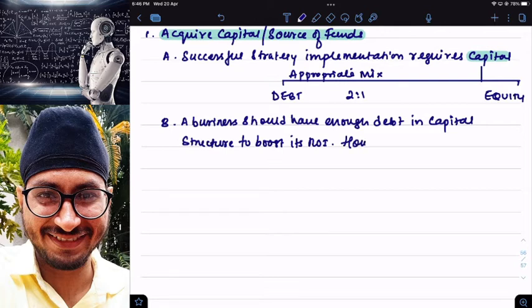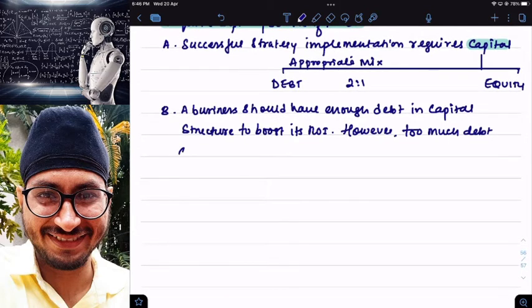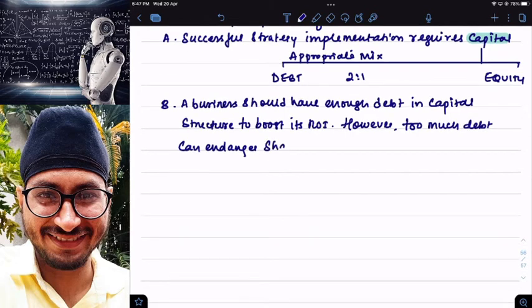However, there is one problem. Too much debt, meaning more than 2 is to 1, can endanger shareholders' return.